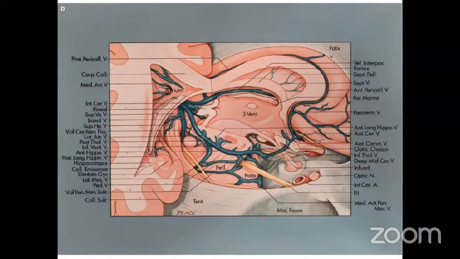In this image, this is the right anterolateral view with the anterior portion of the right cerebral hemisphere removed. In this, the anterior cerebral veins join the deep cerebral veins. This is the internal cerebral vein. It joins the basal vein to form the vein of Galen.